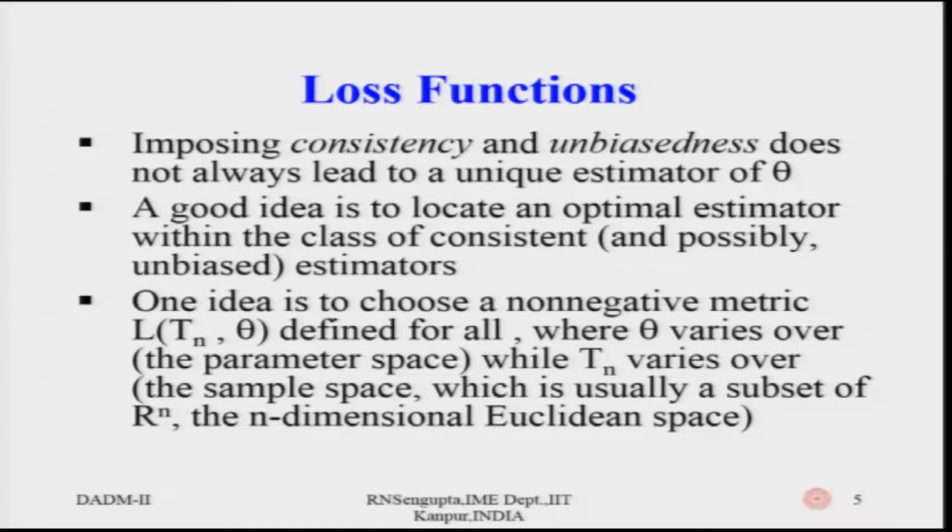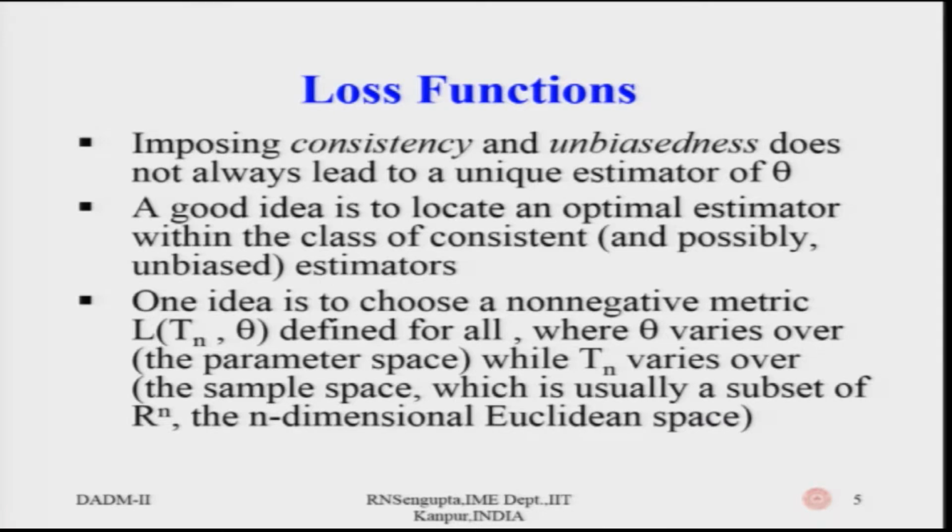Second, imposing consistency and unbiasedness does not always lead to a unique estimate of theta. Some may be consistent, some may be unbiased, and all these combinations. A very good idea would be to locate an optimal estimator within the class of consistent and possibly unbiased estimators, which will give our result.